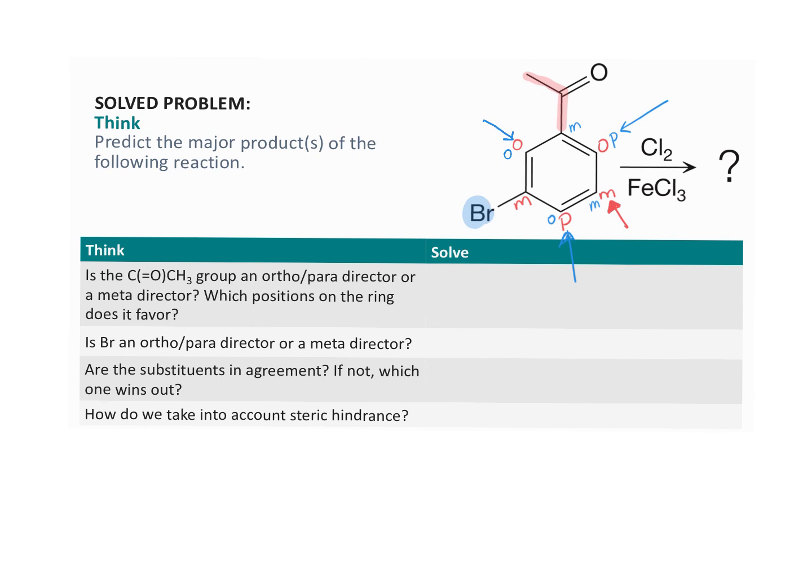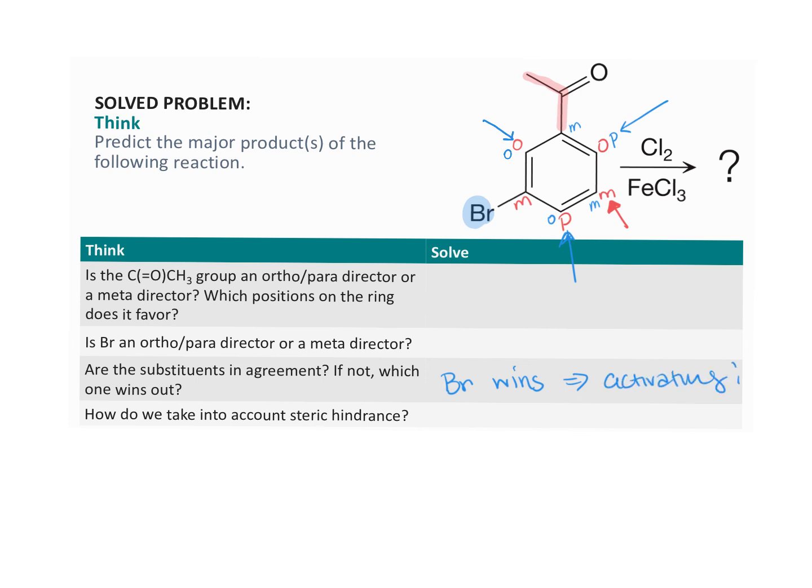Now we have to ask ourselves, are the substituents in agreement? That is not the case. So which one is going to win? Bromine wins because it's nearer to the beginning of table 25.3. It's more activating.